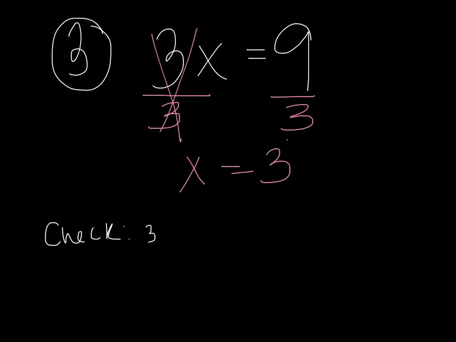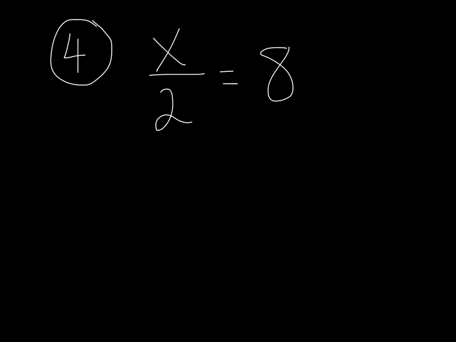Rewrite the equation: 3x equals 9. Plug in what you think you know. 3 times, we said x is 3, equals 9. 3 times 3 is 9. 9 does equal 9. Give yourself a check mark. You got it right.